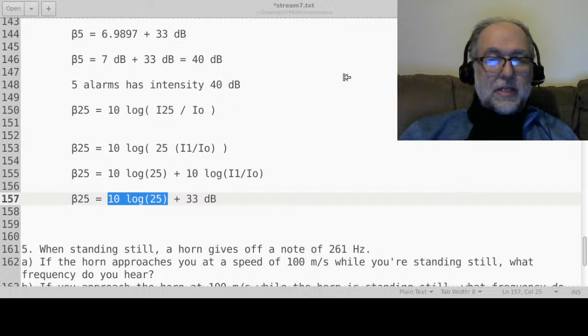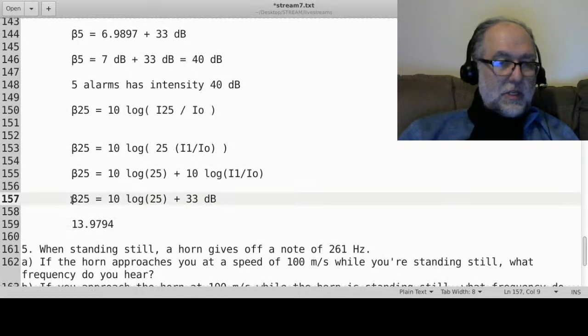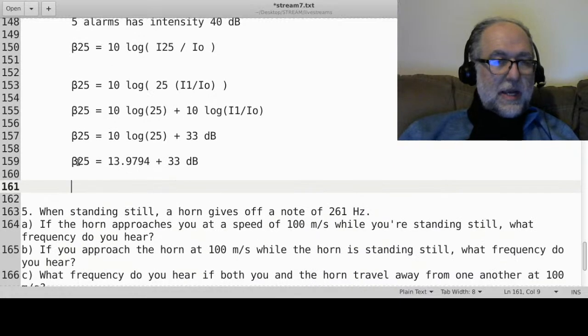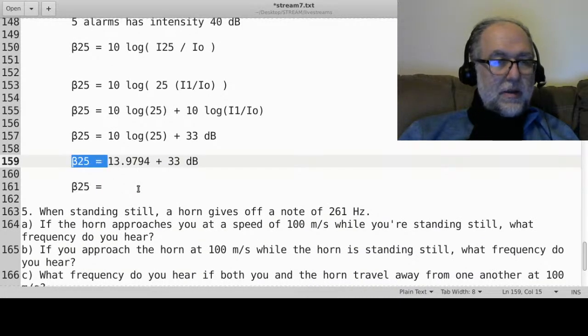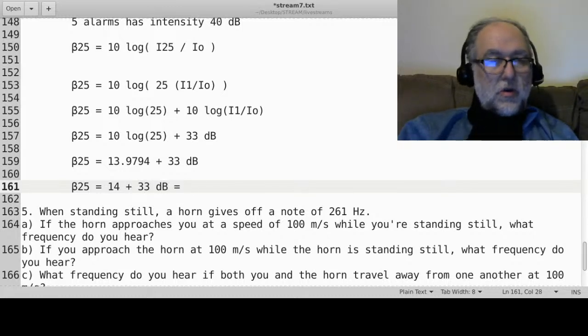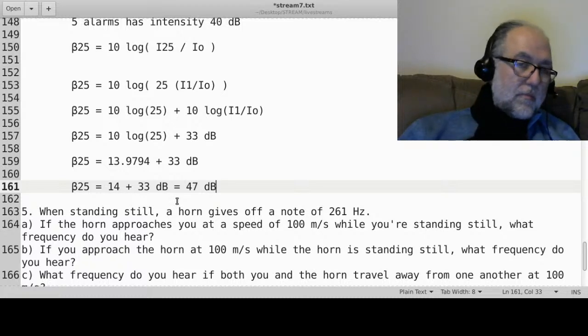You see, how did you know that the answer was 14? Here, I'll give you more digits, okay? It's very close to 14, okay? All right, so rounding that off in the next line, that would be 14 plus 33 decibels, and that's equal to 47 decibels, like that. Okay.